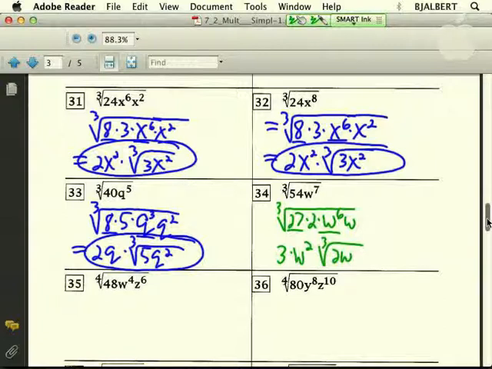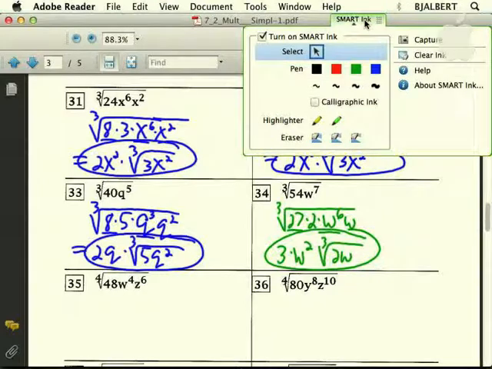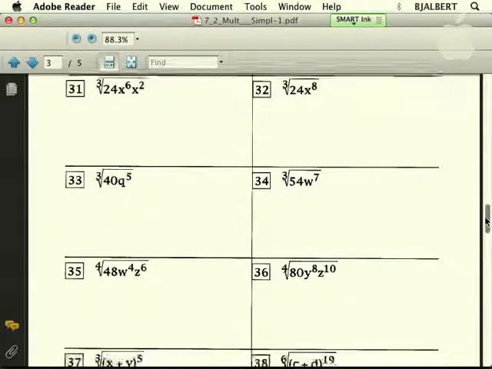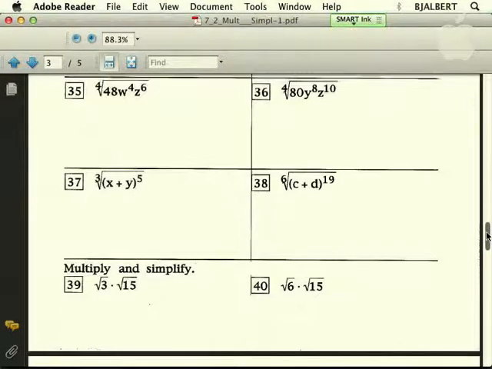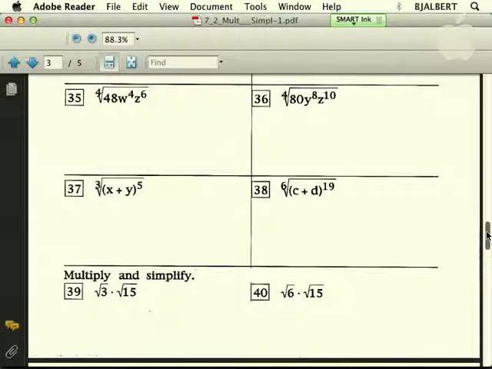Number 35. Well, let's circle that. Number 35. The biggest fourth power that goes into 48 is 16.